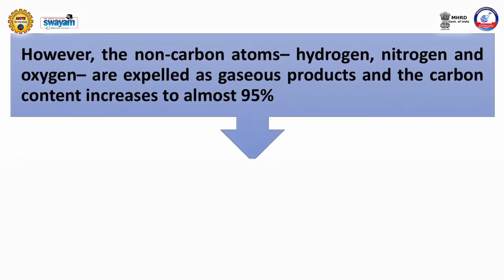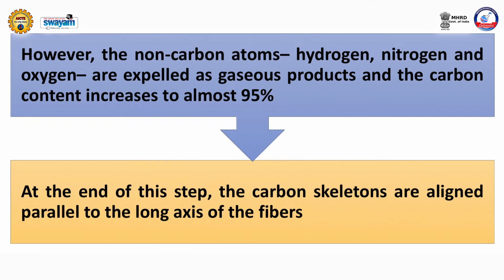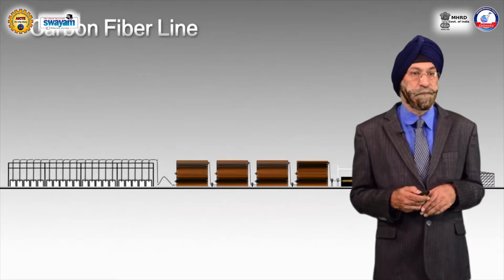Even at such high temperatures, the fibers do not char because of the absence of oxygen. However, the non-carbon atoms, hydrogen, nitrogen and oxygen, are expelled as gaseous products, and the carbon content increases to almost 95%. At the end of this step, the carbon skeletons are aligned parallel to the long axis of the fibers.